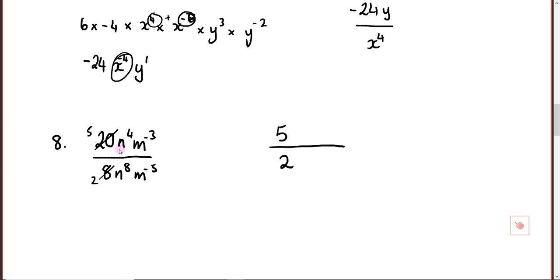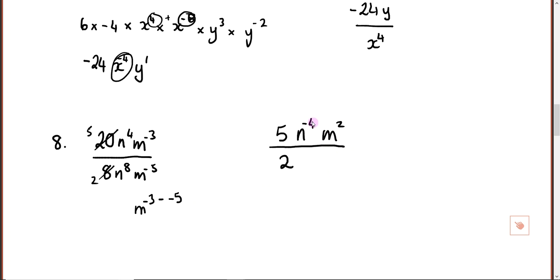What do I do with division? So I'm going to write n to the negative 4. Negative 3 subtract negative 5. So it's m to the power of 2.